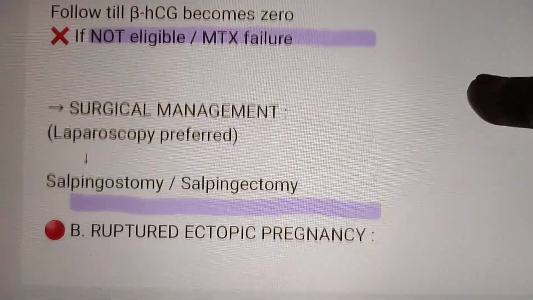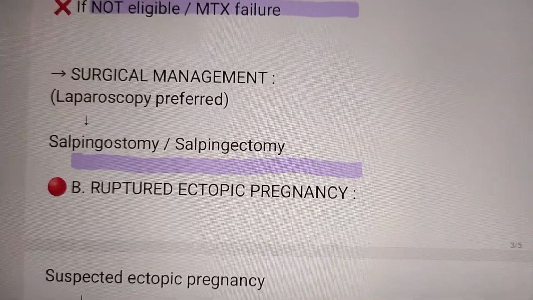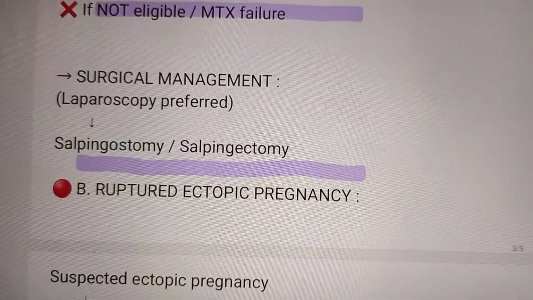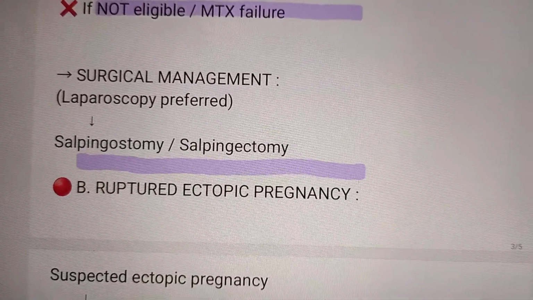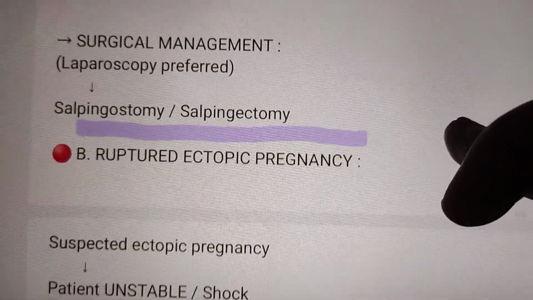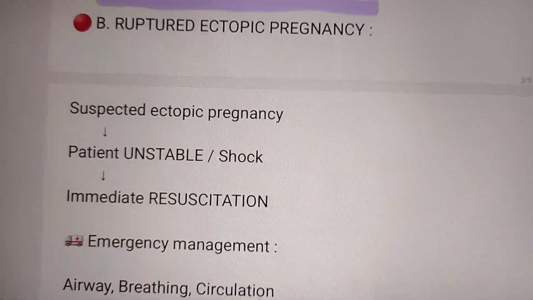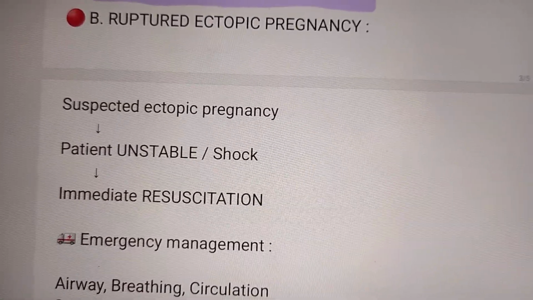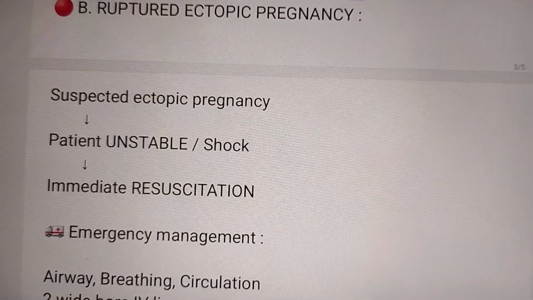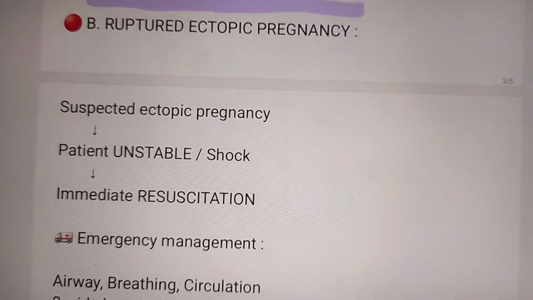Then what do we do for surgical management? In surgical management, today laparoscopy is preferred, and salpingostomy or salpingectomy is done. In case of ruptured ectopic pregnancy, in suspected ectopic pregnancy, the patient is unstable and in shock, and immediate resuscitation is required.